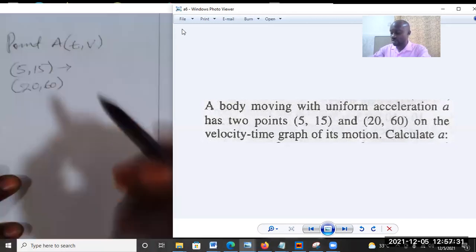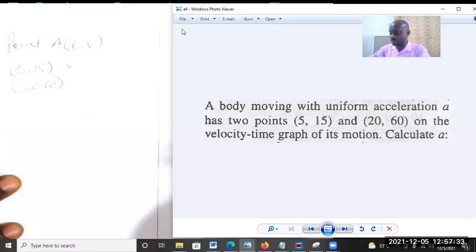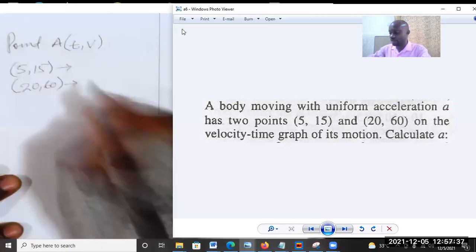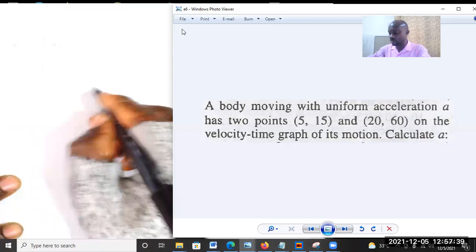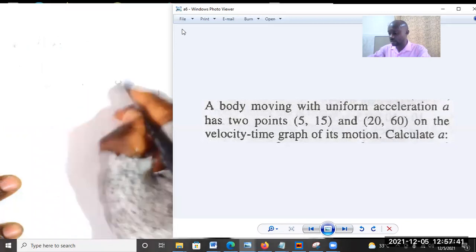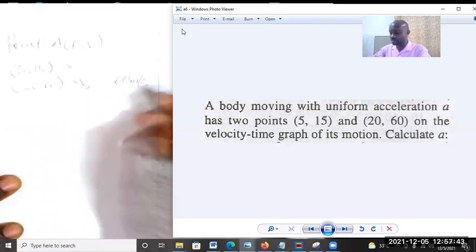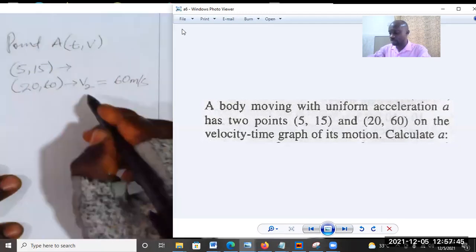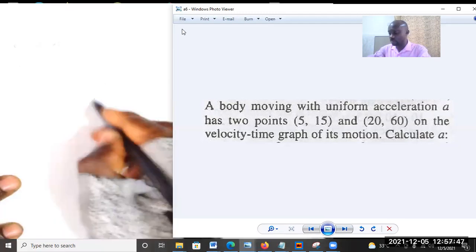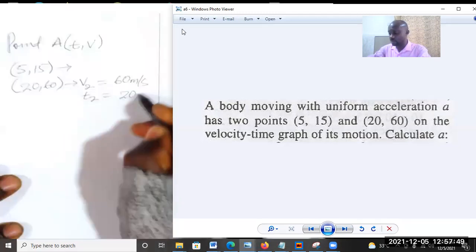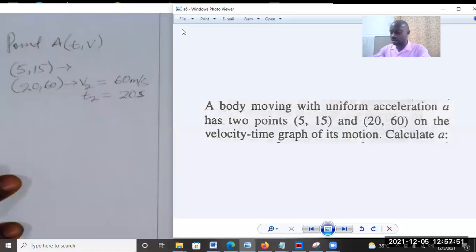Now we are going to extract the information from this graph. Starting with this, we can have a V2, so the 60 meters per second is V2. T2 is 20 seconds.